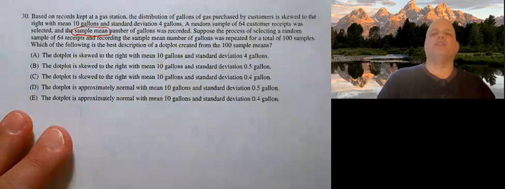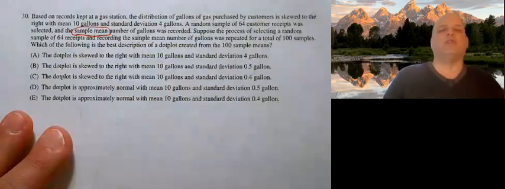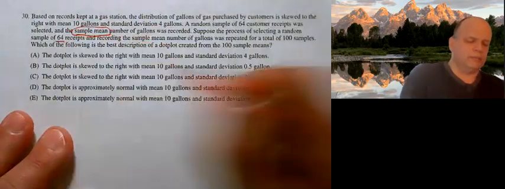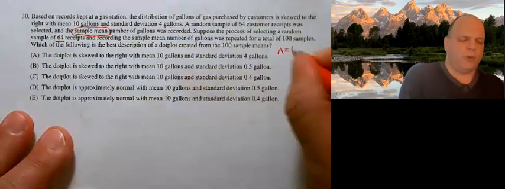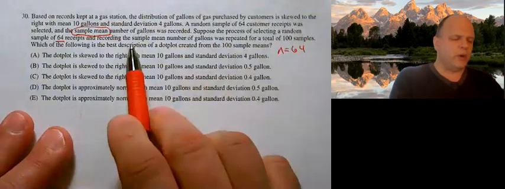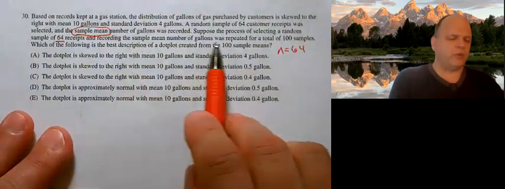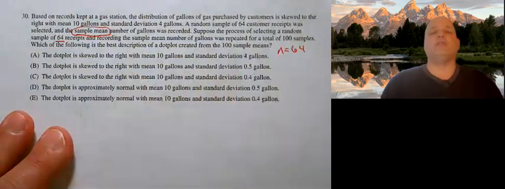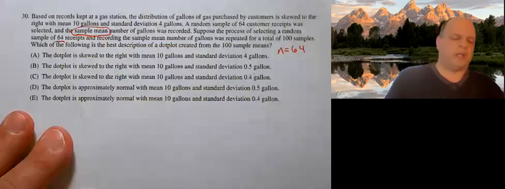Suppose the process of selecting a random sample of 64 receipts, so N equal to 64, and recording the sample mean number of gallons was repeated for a total of 100 samples. Which of the following best describes a dot plot created from the 100 sample means?